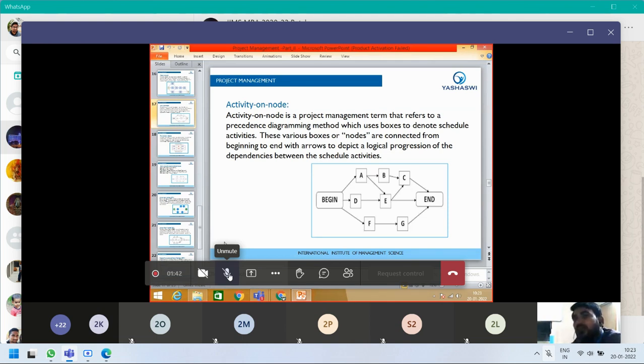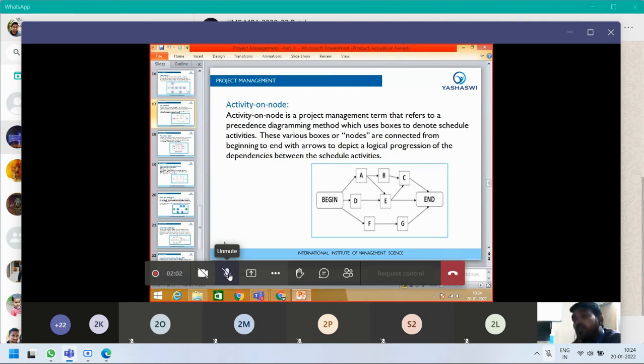The boxes are nothing but nodes, which are connected from beginning to end with arrows to depict a logical progression of the dependencies between the scheduled activities.